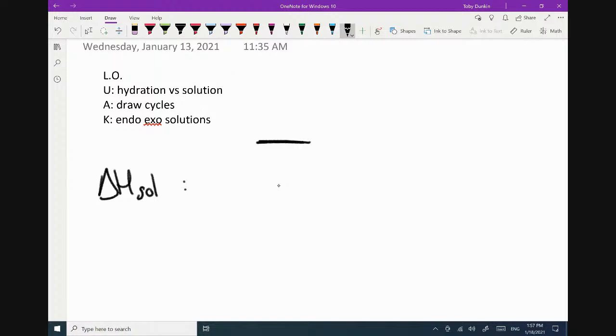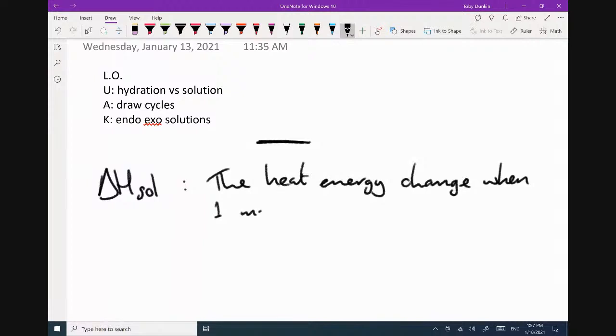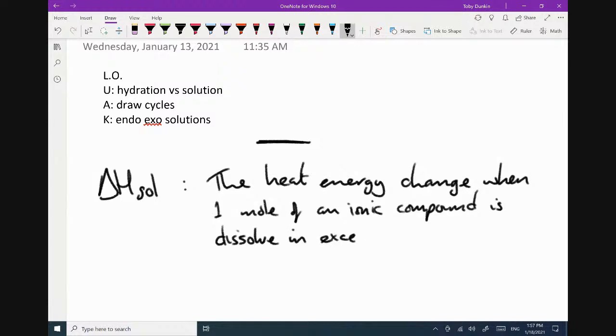This process, the enthalpy change, the heat energy change, when 1 mole of an ionic compound is dissolved in excess water forming aqueous ions, all under standard conditions.